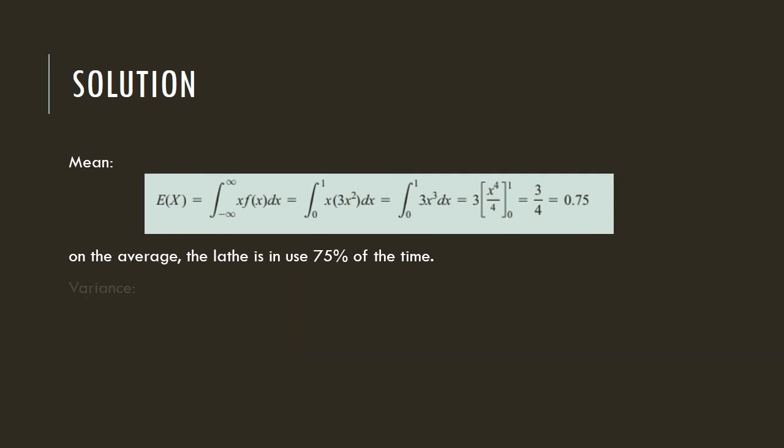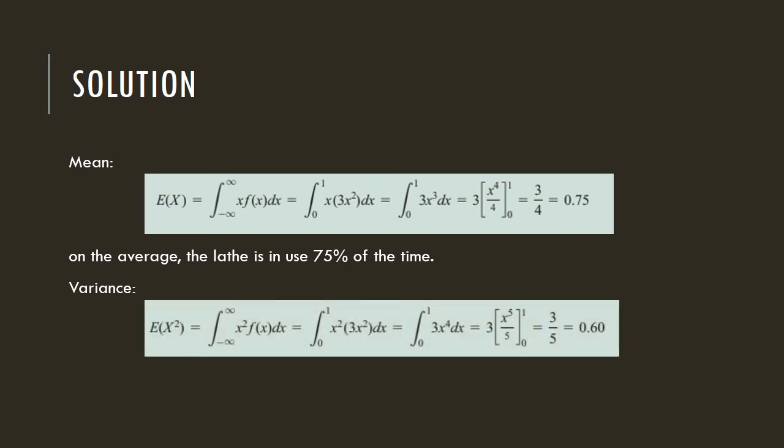To calculate the variance, we will first get the expected value of X squared, which is equal to the integral of x squared times f of x over all the possible values of x. By direct substitution, we have the integral between 0 and 1 of x squared times 3x squared.